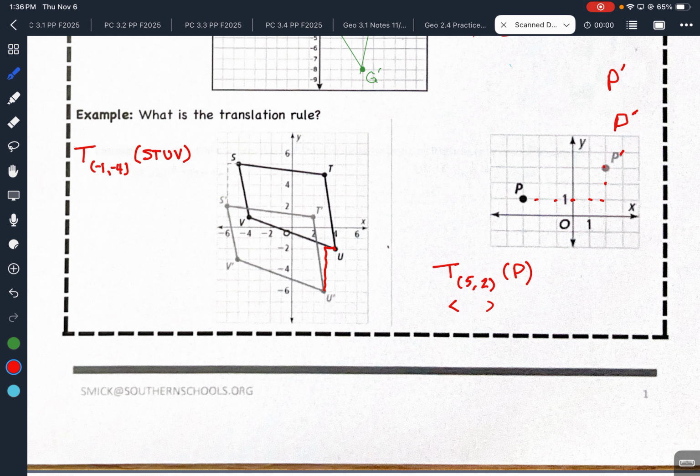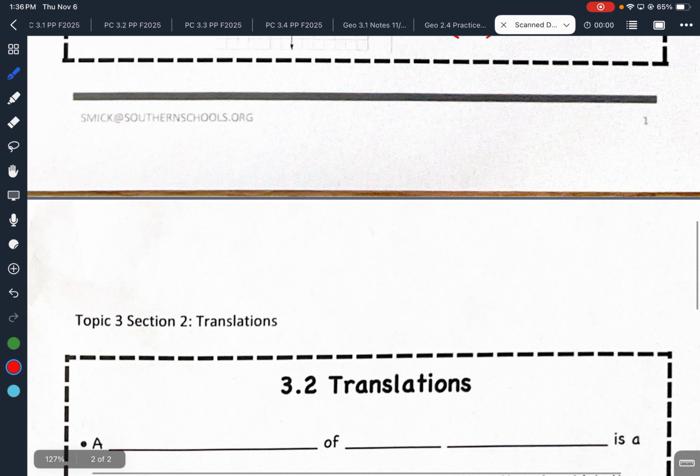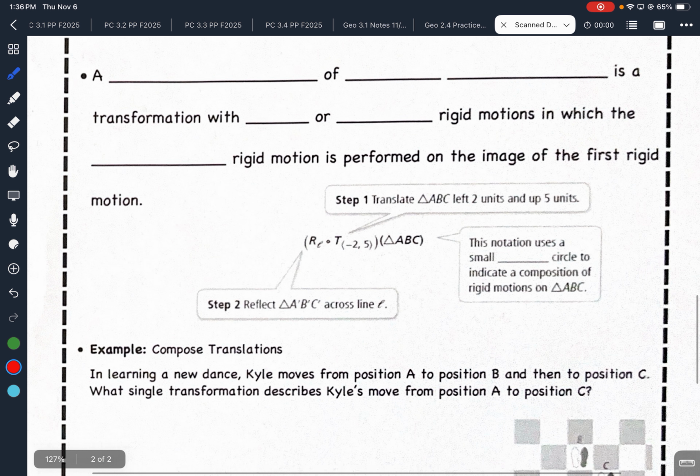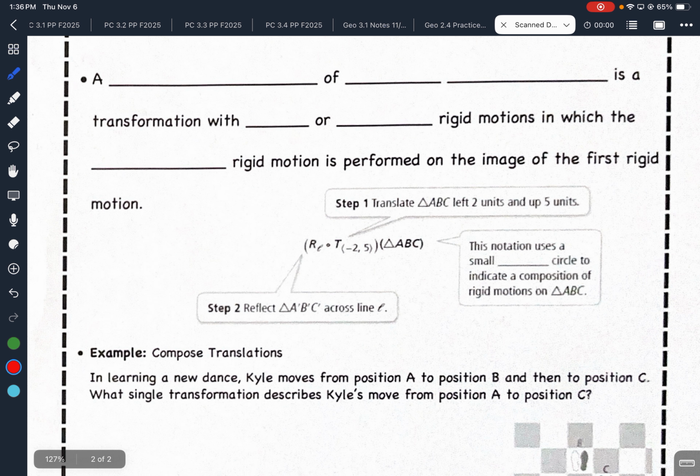Everyone got that? Okay. So now we have composition. Composition of functions. Okay, what does it mean to have a composite of things?